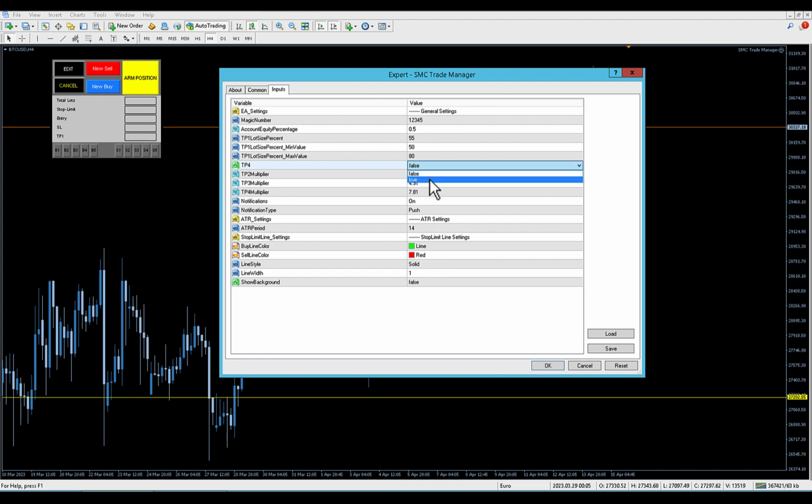That means that the expert advisor will calculate a scale out up to take profit number 4. Now let's say take profit 2 multiplier is assigned roughly 3 times take profit 1.